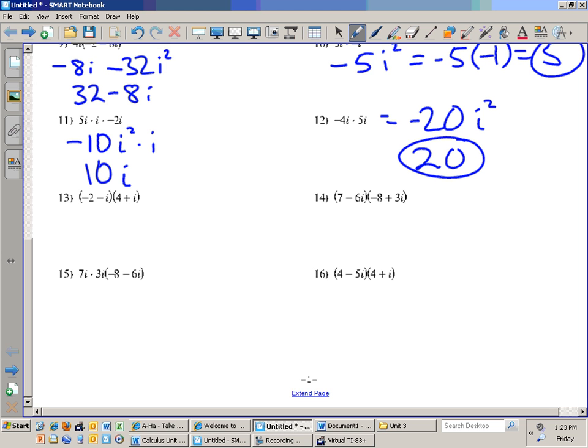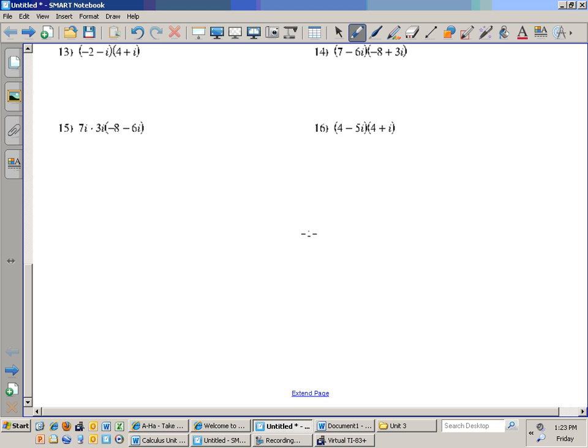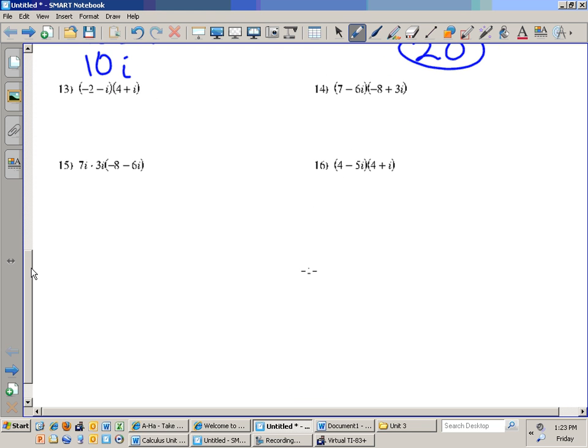Okay. Let's try a couple examples that are slightly more challenging. We do want to do the work towards the other sheet as well. These are binomials. Yes, so we will FOIL. When you FOIL, how many terms are you used to coming up with in the end? 3. You do not come up with 3 here. You only come up with 2. Negative 2 times 4 is negative 8. Negative 2 times I is negative 2I.